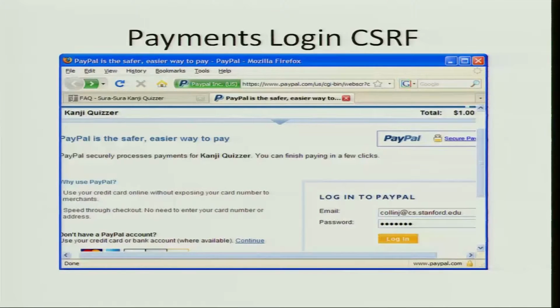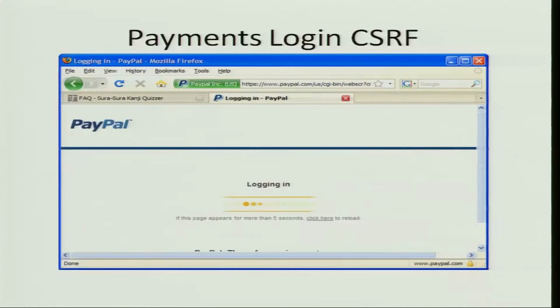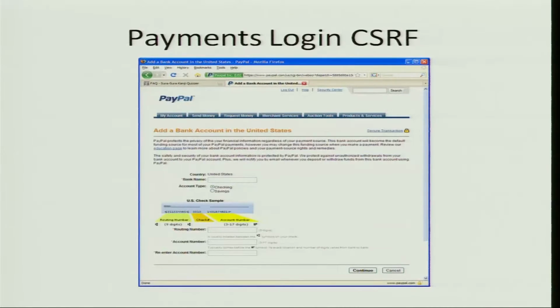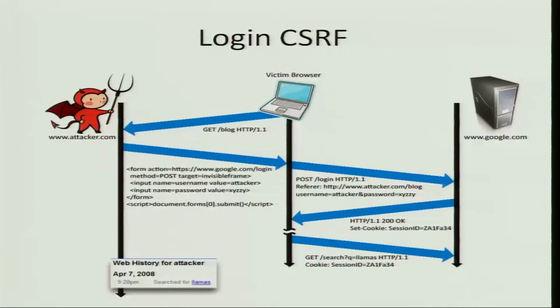You make somebody log into your PayPal account and then mount a CSRF so that they put in their credit card into your account. And login CSRF we already discussed.